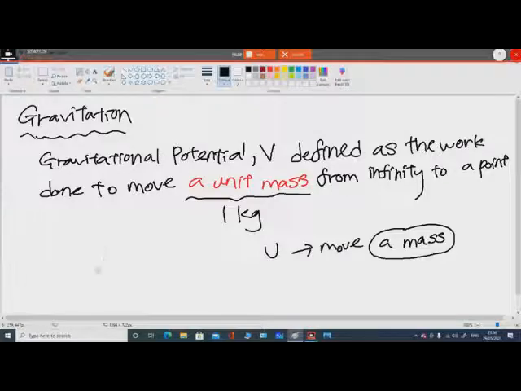So this means that our gravitational potential energy, which is U, is equal to our V, which is gravitational potential, multiplied by M. So U equals V times M, gravitational potential multiplied by the mass of our object.